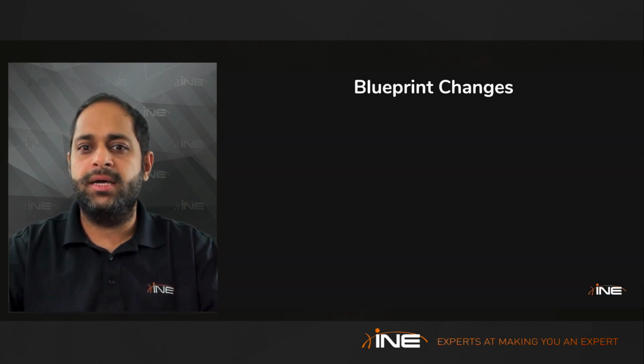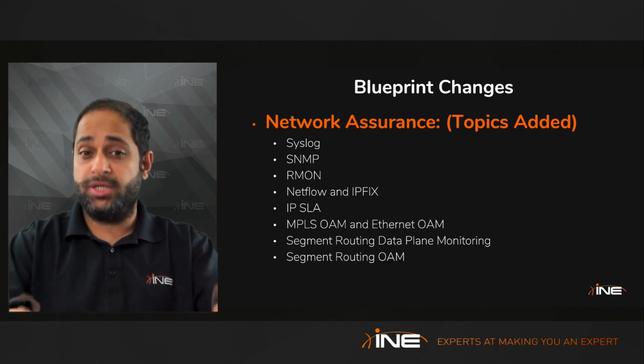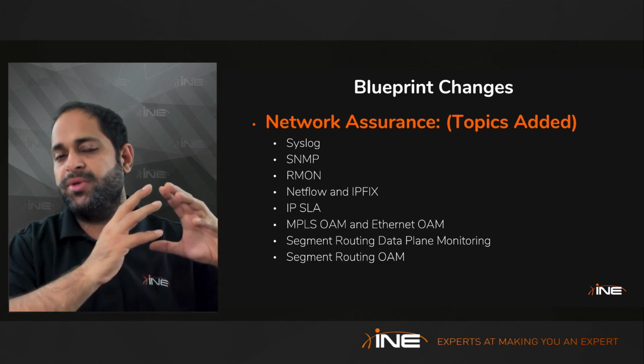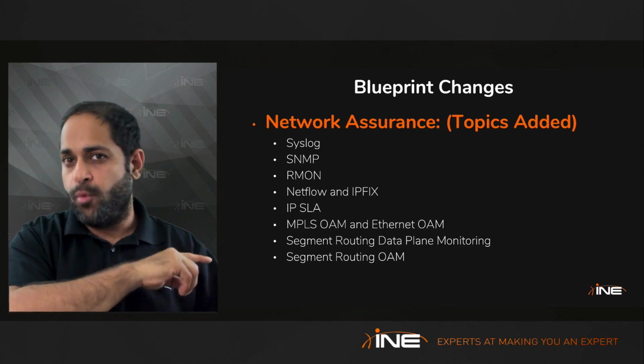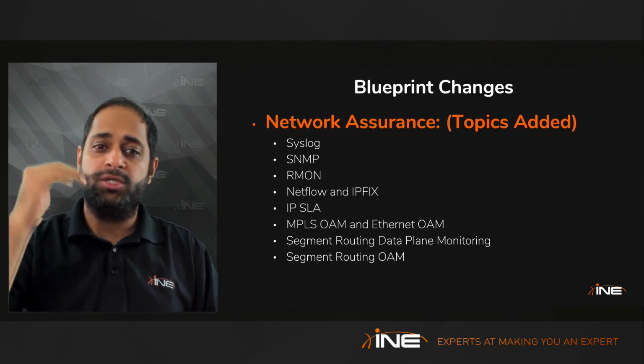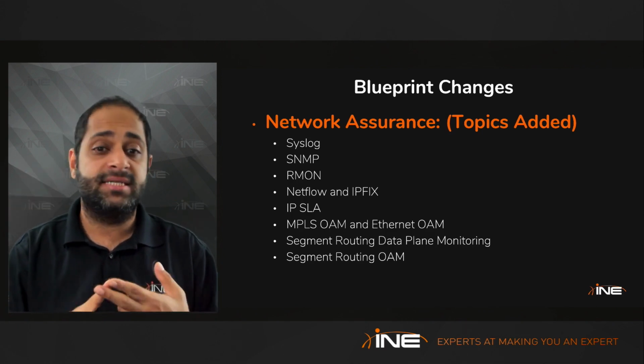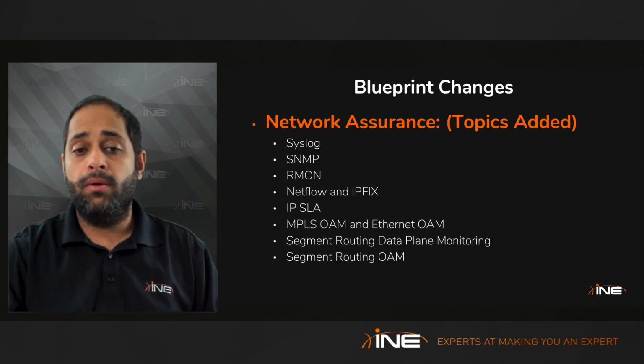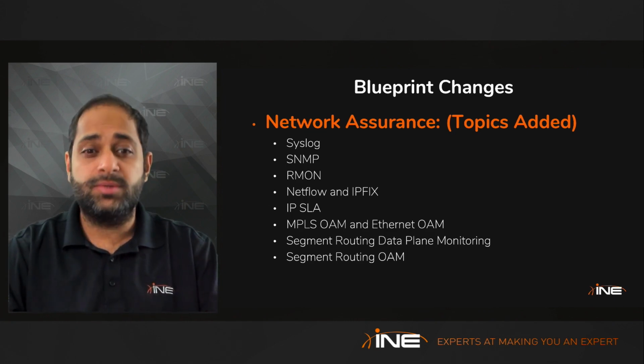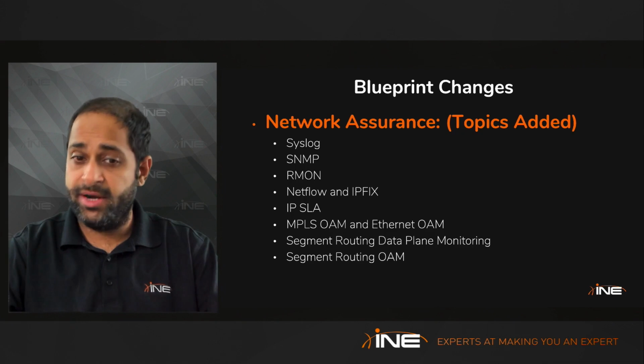So if you look at the blueprint changes for network assurance, all those topics which were in 4.1 were moved to network assurance, where we still have syslog, SNMP, RMON, NetFlow and IPFIX. We have MPLS OAM and Ethernet OAM.